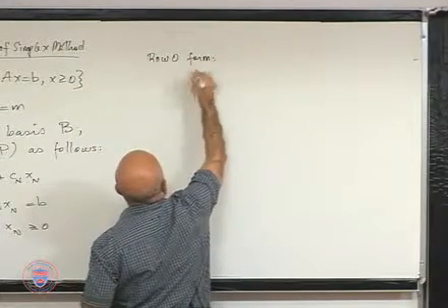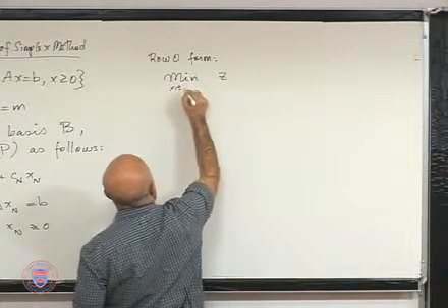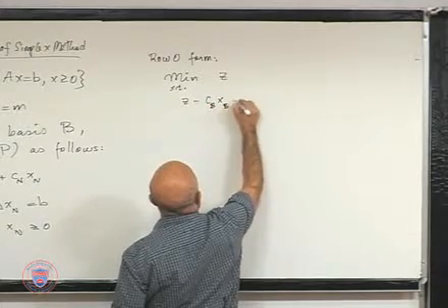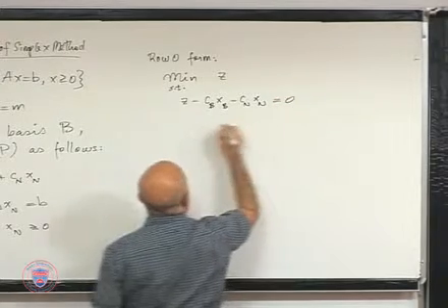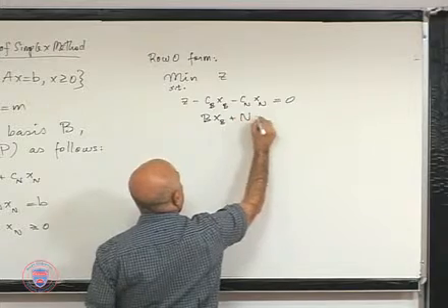I stated the row 0 form, which is the minimization of Z subject to Z minus CBXB minus CNXN equals 0, with constraints in partitioned form.